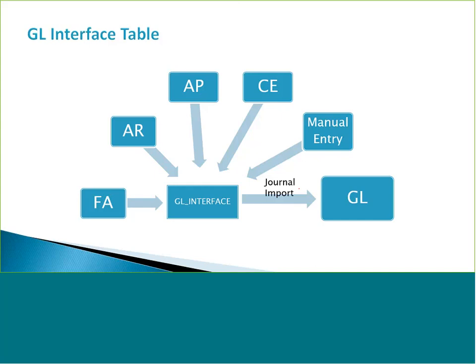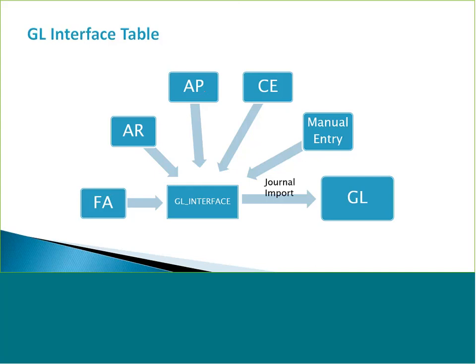And this happens on a per source basis. Okay? So if there's information in the GL interface table from accounts receivable, there's information from accounts payable, if one line in the information that comes from accounts receivable is not balanced, or one journal is not balanced, then all the information from accounts receivable will remain in the GL interface, and the correct information from AP and cash management will be imported.